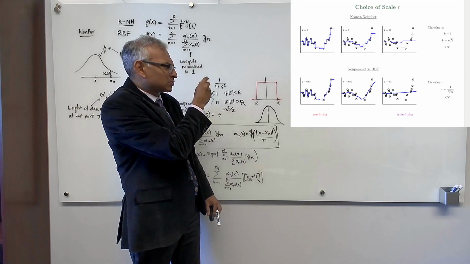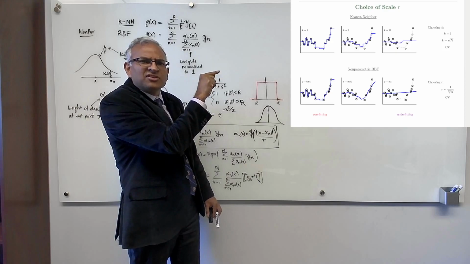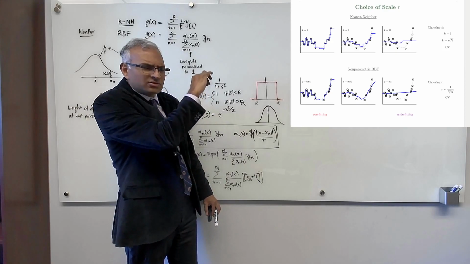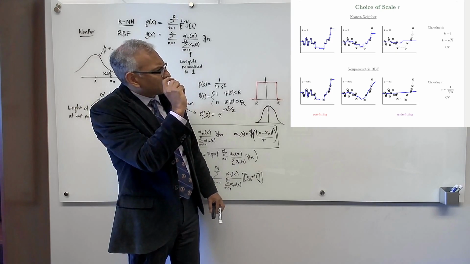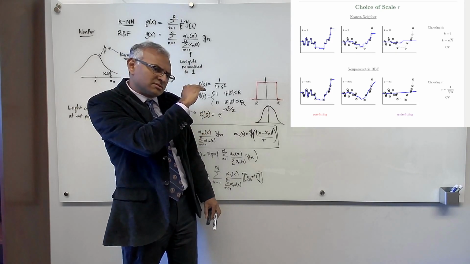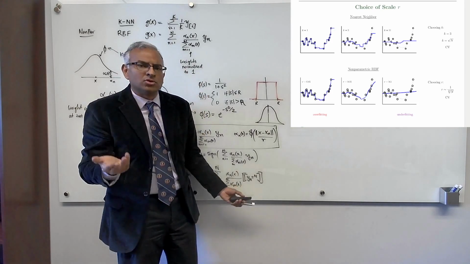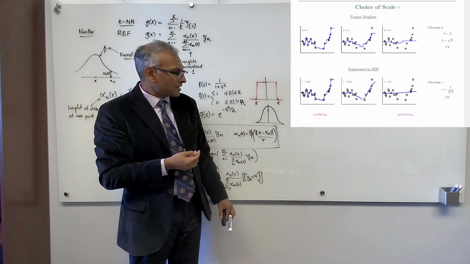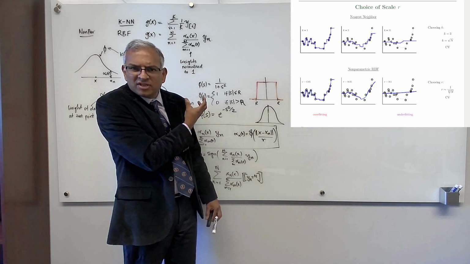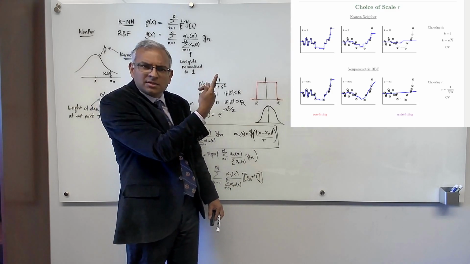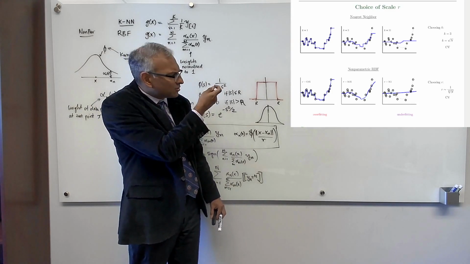What do we observe? When k equals 1, it's perfectly fitting the data. When k equals 3, you've got a reasonably nice, smooth fit. And when k equals 11, it's basically taking the average of all your data points. On the left, that's the overfitting regime, k is too small. On the right, k is 11, that's underfitting, and there's k just right.